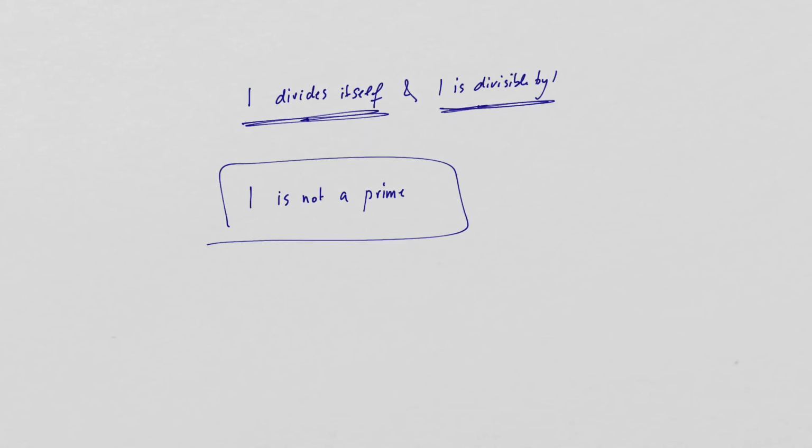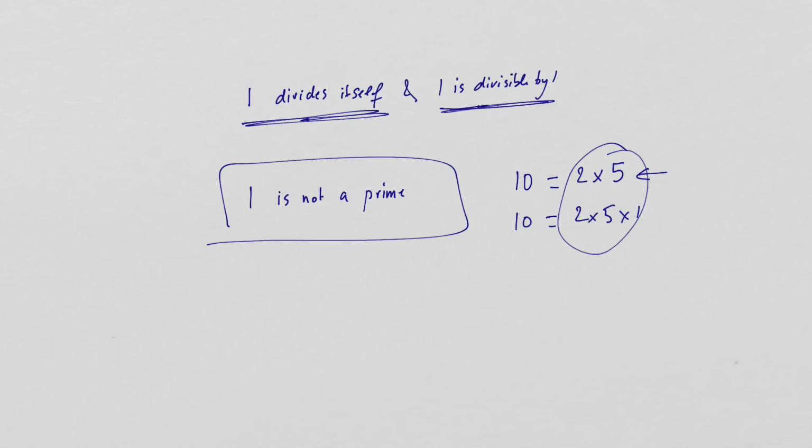And what it means is any number, like 10, can be written as the product of primes in a unique way. So if we allow 1 to be a prime, I can write 10 like this, but I can also write it like this. So now it's no longer unique.